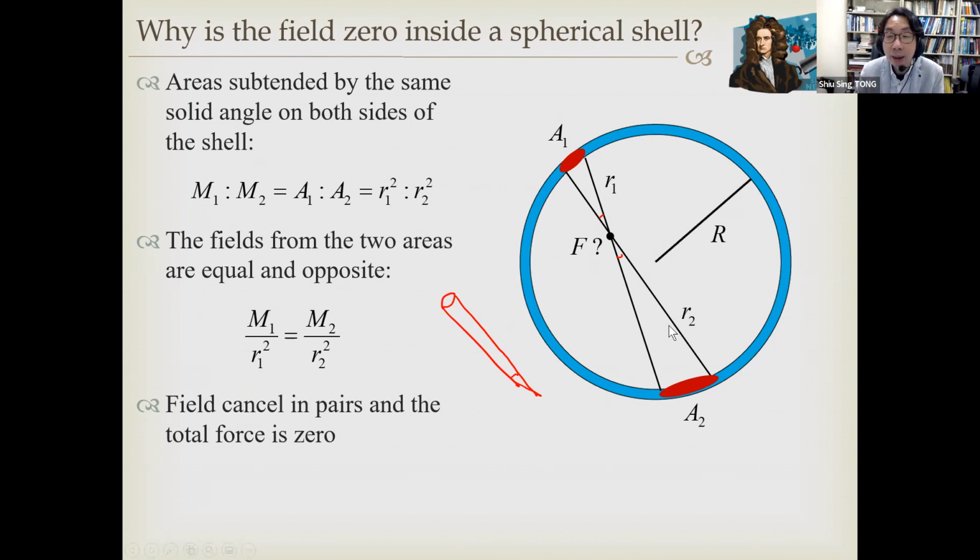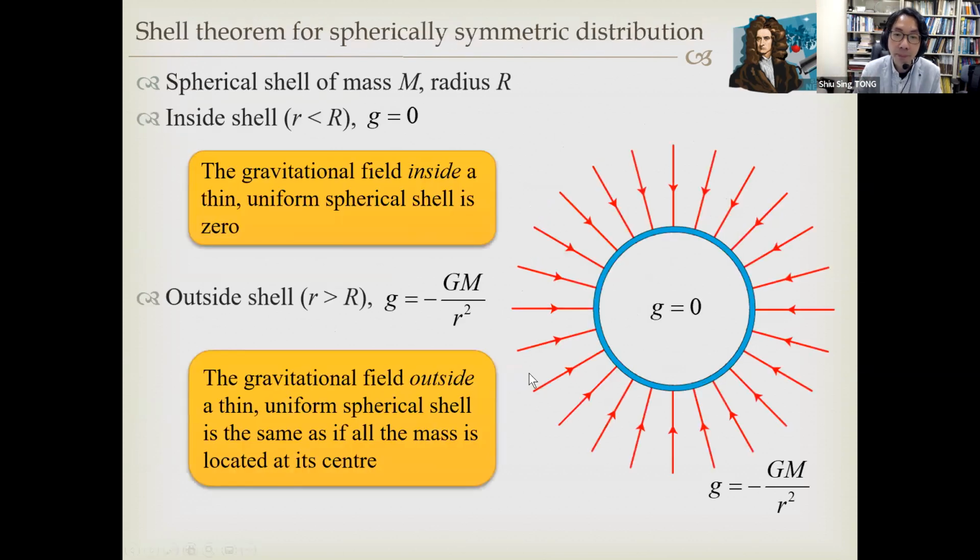That's why there's no gravitational force inside a uniform spherical shell. So this is an important result we reach. If you have a spherical shell, then inside the shell, the G is exactly zero. The gravitational field inside a thin uniform spherical shell is exactly zero.